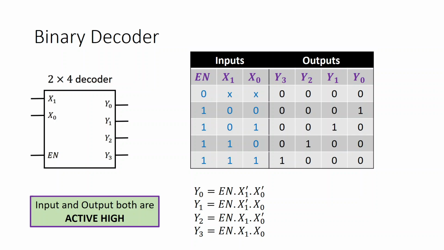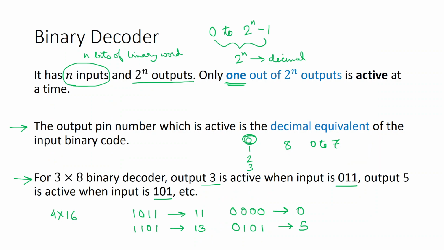So this particular truth table that you are seeing is for active high. First thing you need to understand is which output is going to be active. That will always remain the same by the definition in this particular slide. Whatever is the input binary word, you find out the corresponding decimal equivalent, and that particular output is going to be active.